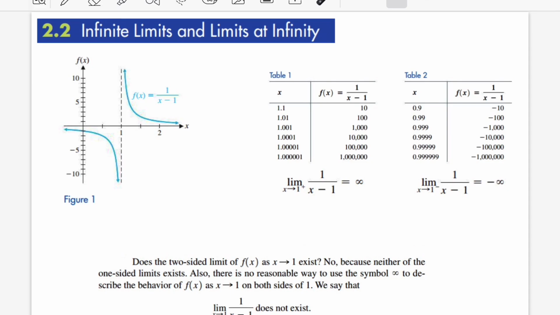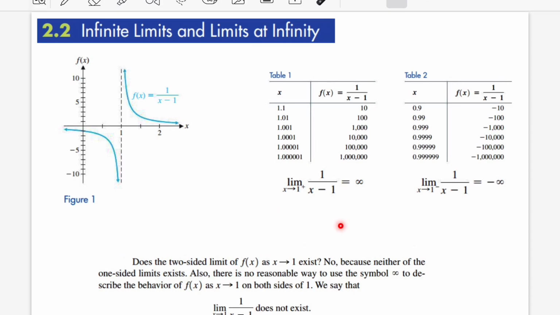And essentially we see that as x is getting closer and closer to this value 1 from the right, from this direction, we see that the f of x values are getting bigger and bigger, and as we approach x is equal to 1 from the left, these f of x values are getting bigger and bigger, but in the negative direction.